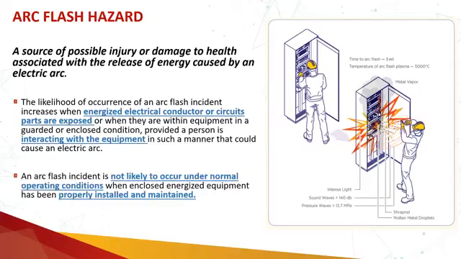An arc flash incident is not likely to occur under normal operating condition when enclosed energized conductors have been properly installed and maintained. This is the point I'm talking about: under normal operating condition, the equipment is running, and I'm just bypassing or crossing that particular area, and no one is performing work on that equipment. So the likelihood of occurrence under normal operating condition is not likely if the equipment is properly maintained and properly installed.